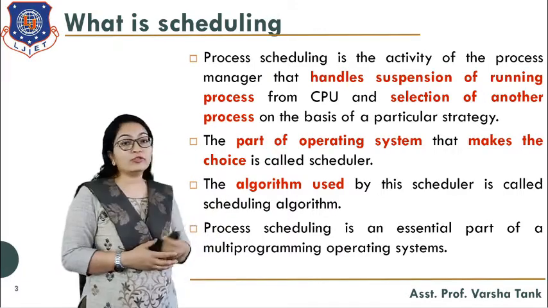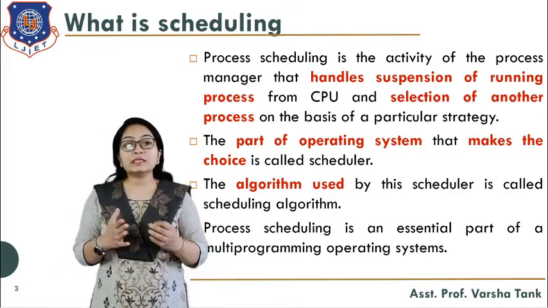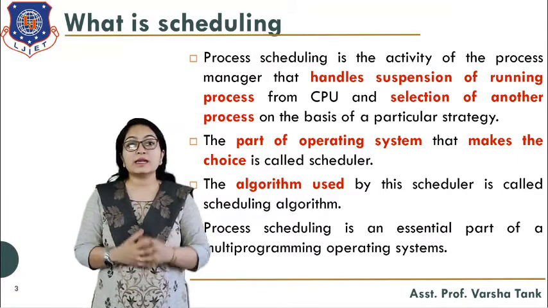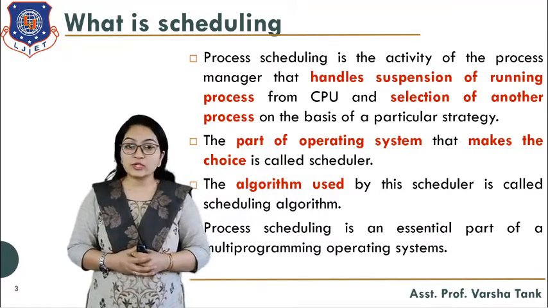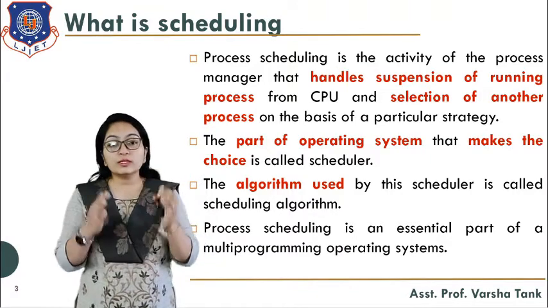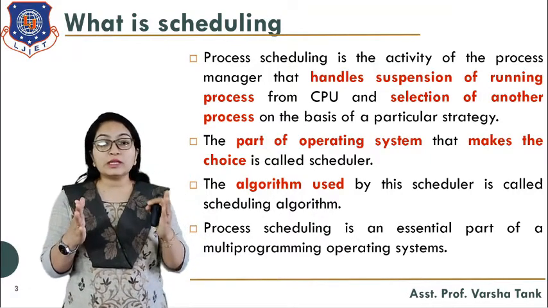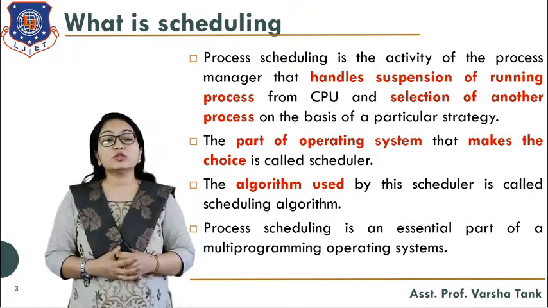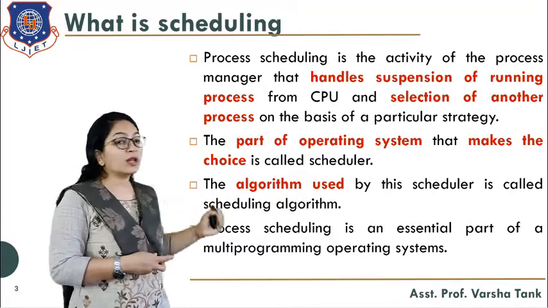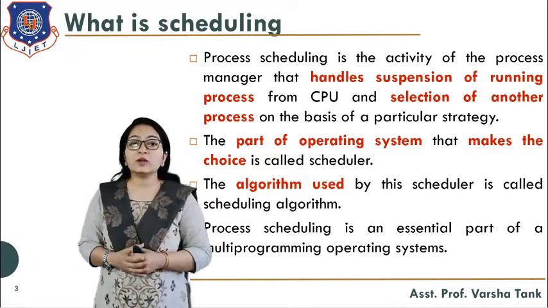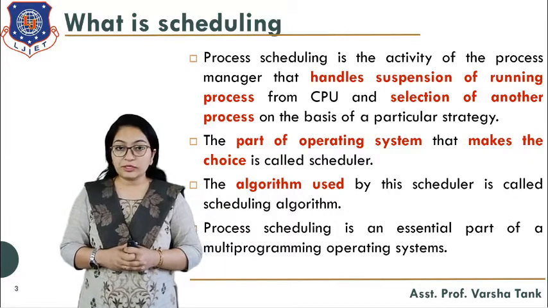Now the part of the operating system that makes this choice, that makes the selection, is known as the scheduler. Whoever maintains everything about the scheduling is known as the scheduler. The algorithm used by the scheduler is called the scheduling algorithm.